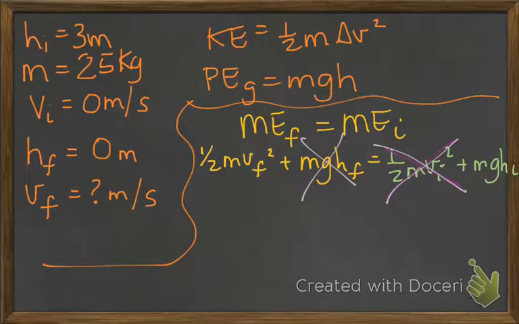Anything else? I don't believe so. So at this point, you need to actually plug in your values. You have mass. You should know what g is. You know what the initial height is, and now you're solving for v sub f. So y'all plug in your data and come up with an answer.